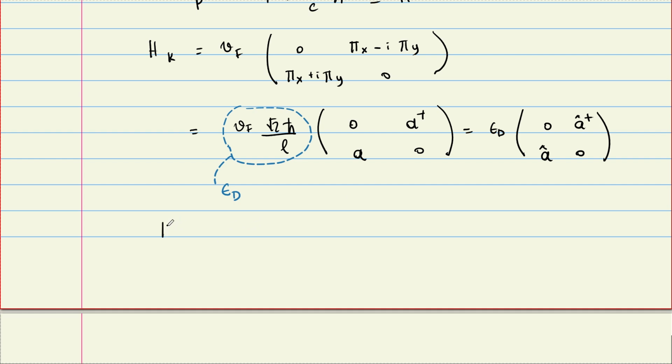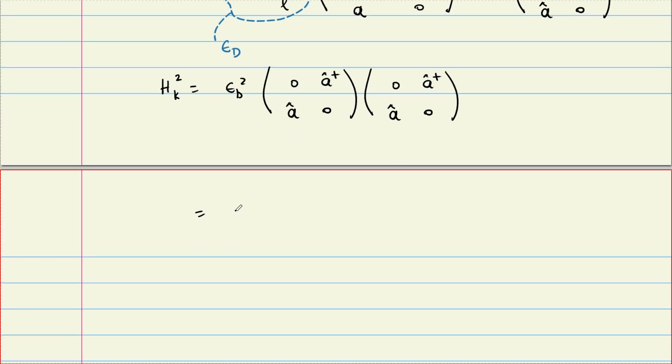What you need to do is just take the square of this, E_D squared. So let me write. You just write this times itself, and this is going to give you E_D squared. So this is here a dagger a, 0, 0, and here, if I do this a dagger, I want to write it like a dagger a plus 1.